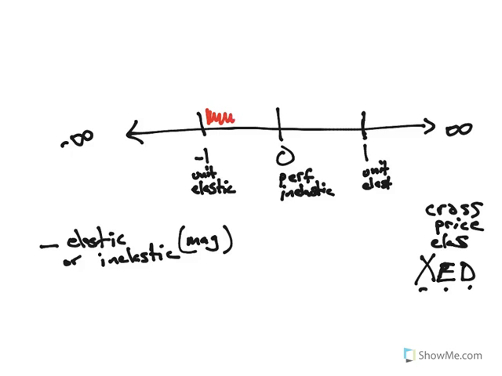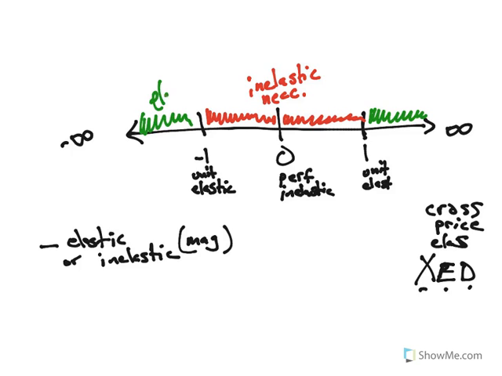So just as before, anything between 0 and 1 is inelastic. So these are all still necessities. Anything greater than 1 is elastic. So you can be negative or positive and elastic.